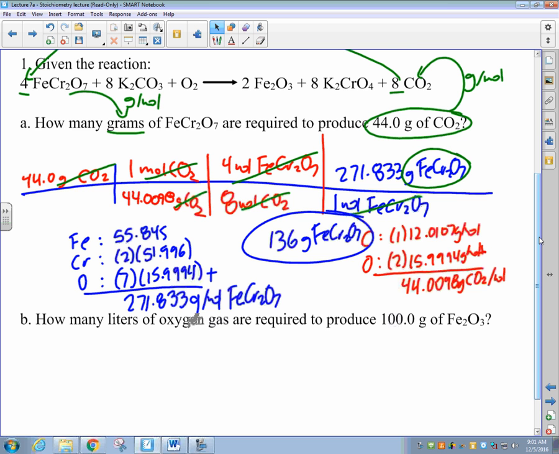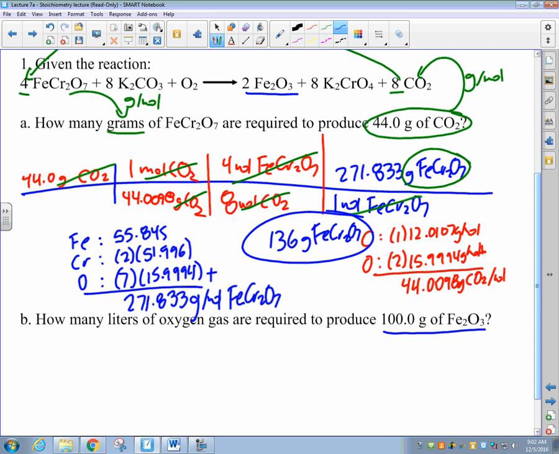And let's think about our plan of action for this pathway before we start setting up the monorail here. We've been given, this time, grams of ferric oxide, right? So given grams, we need to start by going grams to moles, again using a grams per mole, a molar mass conversion, right? So we're going to go grams to moles, but this time it's grams to moles of ferric oxide.